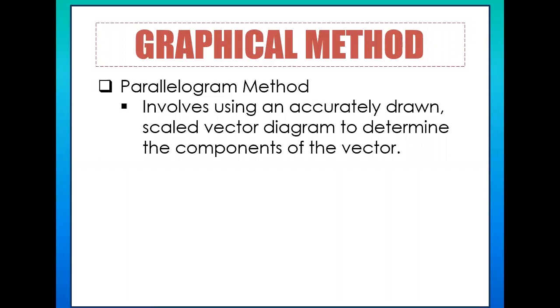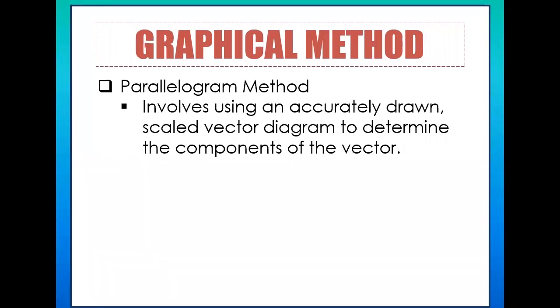Simply because we're still using the Cartesian plane in order for us to properly orient our resultant vector. After that, we have to measure the length of the sides and convert that into its real units. That's how the parallelogram method works.